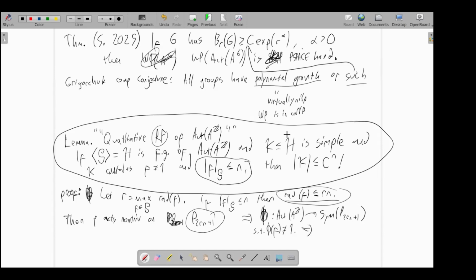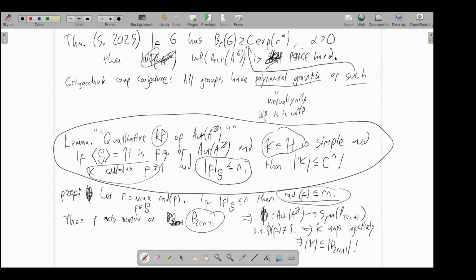But if we assume that K is a simple group which contains F, then K maps injectively. A property of simple groups is that if a simple group maps homomorphically to another group non-trivially, then it actually maps injectively, because there cannot be a kernel unless it's trivial. Then the size of K is at most the size of the symmetric group, which is at most P2Rn plus 1 factorial.